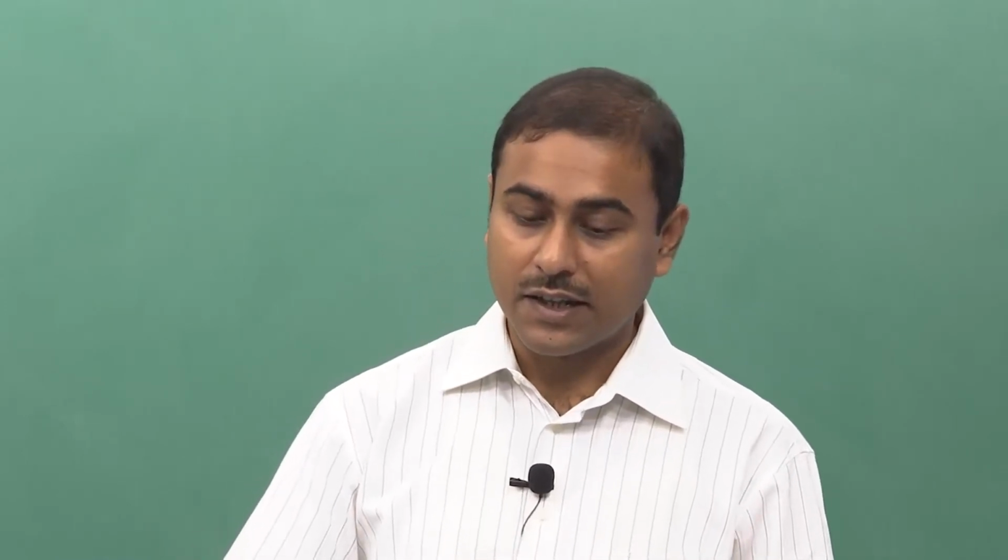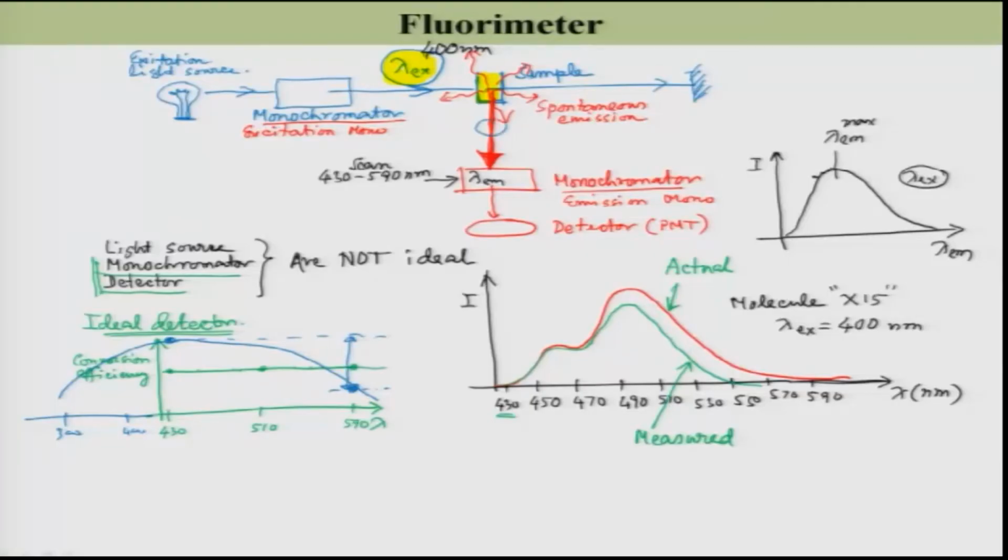That means, the true spectra over here, just after the sample, and the detected one, they are different. So, I have to do something to correct the spectra here and the spectra here, because this monochromator and this detector actually distort the spectra.